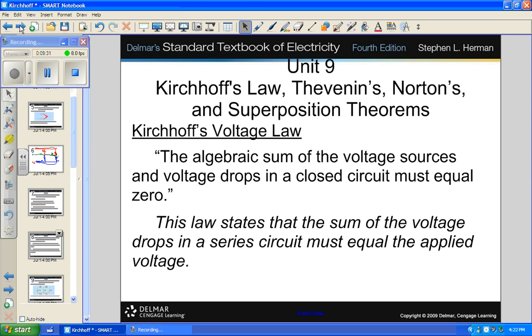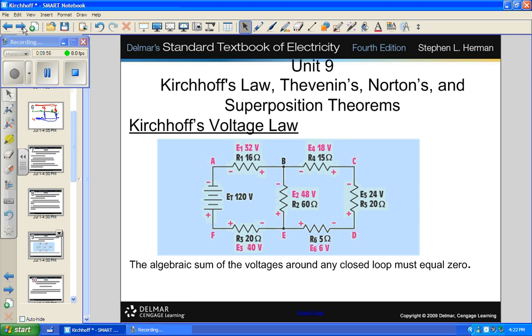If you've got a current, and now in a series circuit, it's all constant, so it really doesn't help you much, right? So realize that this is probably talking about parallel circuits, because parallel circuits are current dividers, right? So the supplied current must be the current through all the different circuits, branches of the circuit.